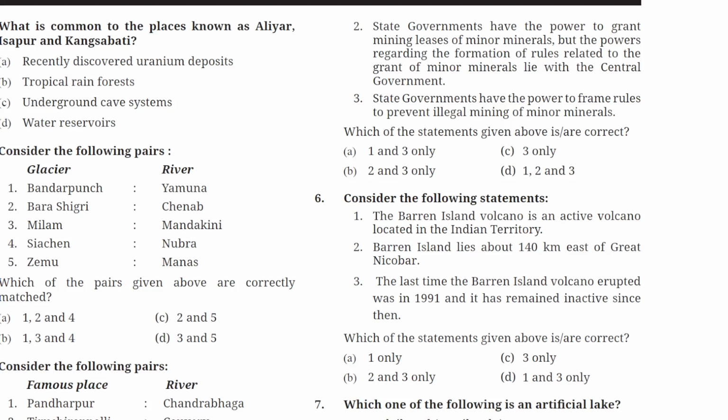Section 15 of the Mines and Minerals Development and Regulation Act 1957 empowers state governments to make rules for regulating the grant of mineral concessions in respect of minor minerals and for purposes connected therewith. The regulation of grant of mineral concessions of minor minerals is therefore within the legislative and administrative domain of the state government only, not the central government. So option 2 is wrong. State governments have the power to frame rules to prevent illegal mining of minerals. Yes, true. So the fifth answer is A.